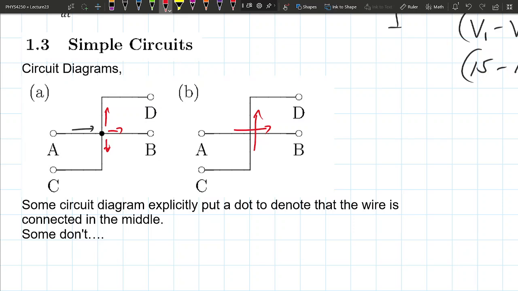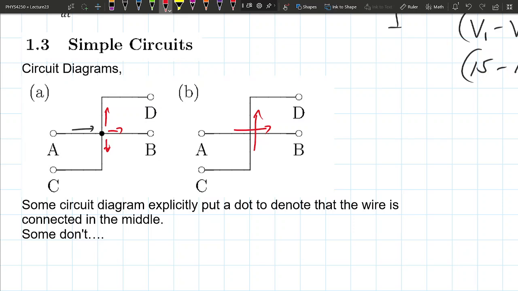You kind of have to know what the author means. In this textbook, they're going to follow the convention where the dot indicates a connection. In this particular textbook, when they just cross like that, they mean they're connected.